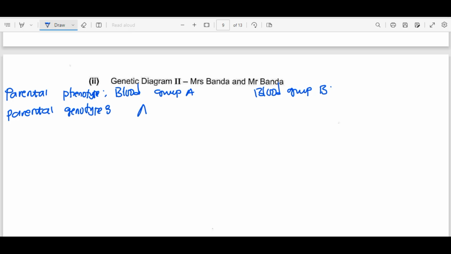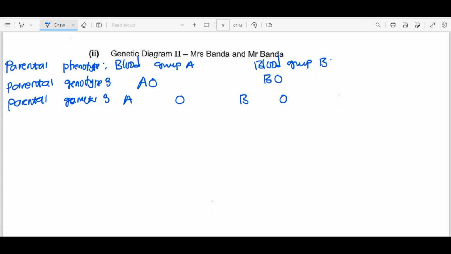So this one will say AO, then this one will say BO. Then from there we have parental gametes. We have A, O, B, O. Then random fertilization. So we can now cross.